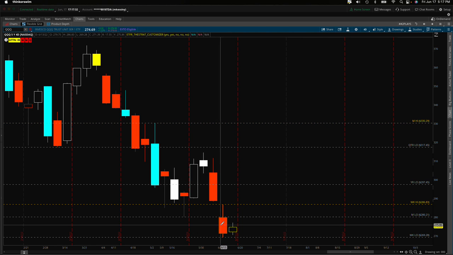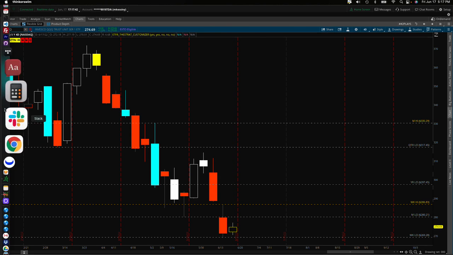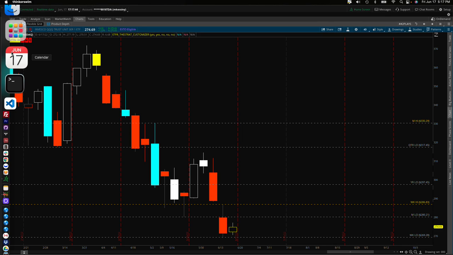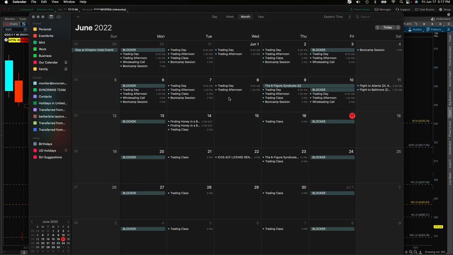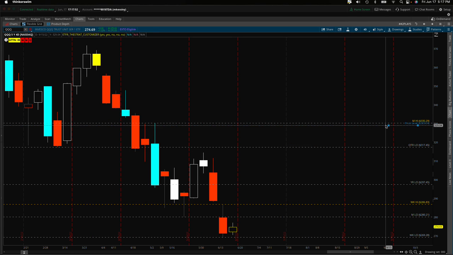Let's see, 4-day. We got an inside bar here. This candle closes on, I believe, Tuesday or Wednesday. So if we look at the calendar, 1, 2, 3. So it closes on Wednesday.